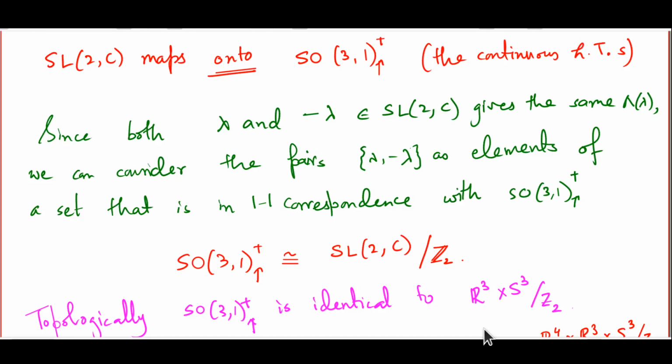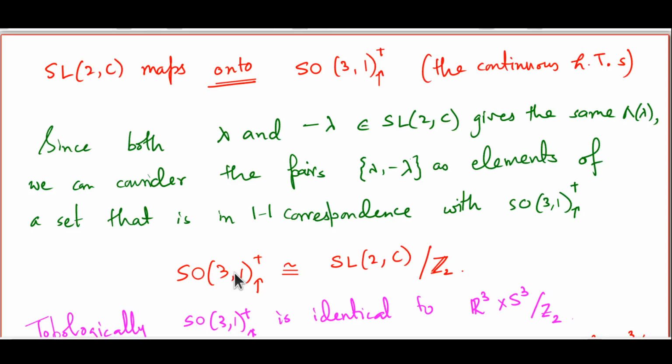In other words, our SO(3,1) up plus is identical to the set R3 cross S3 by Z2. Note that we have seen earlier that elements of the continuous Lorentz group can be described by 6 parameters, at least 6 infinitesimal parameters when you're talking of elements close to the identity. So close to the identity, the Lorentz group is like R6, but globally its character is different. If you look at the full Lorentz group, what you get is this 6-dimensional manifold R3 cross S3 quotiented by Z2.